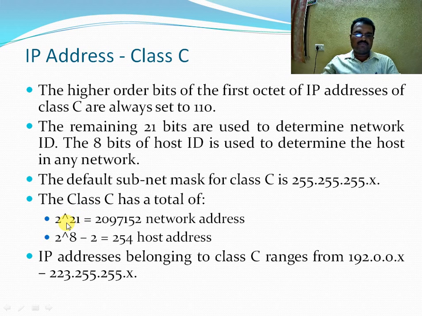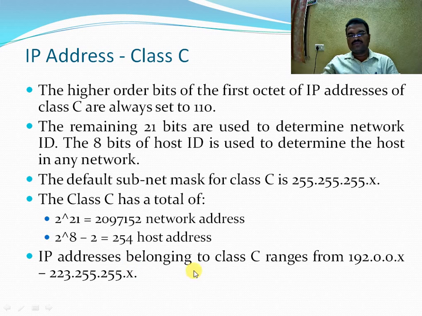So 2 to the power of 21 is equivalent to 2,097,152 network addresses we can assign. The remaining 8 bits, 2 to the power of 8 minus 2, give 254 host addresses.